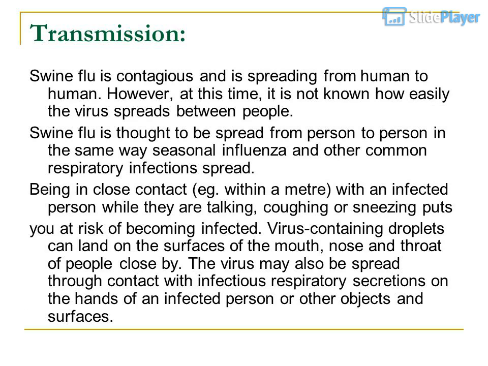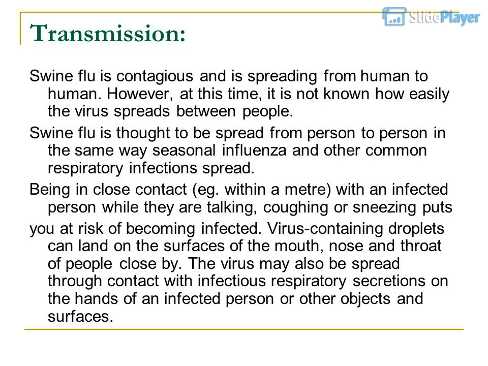Transmission. Swine flu is contagious and is spreading from human to human. However, at this time, it is not known how easily the virus spreads between people. Swine flu is thought to be spread from person to person in the same way seasonal influenza and other common respiratory infections spread.